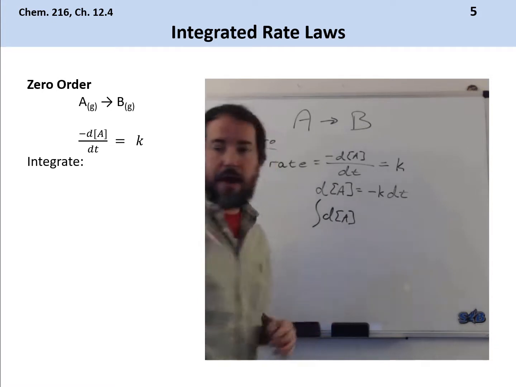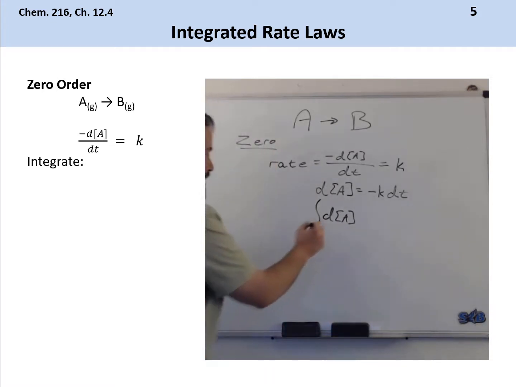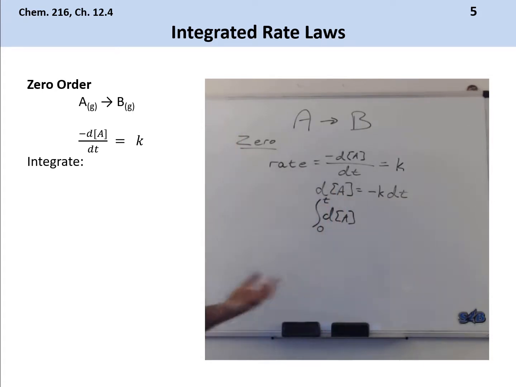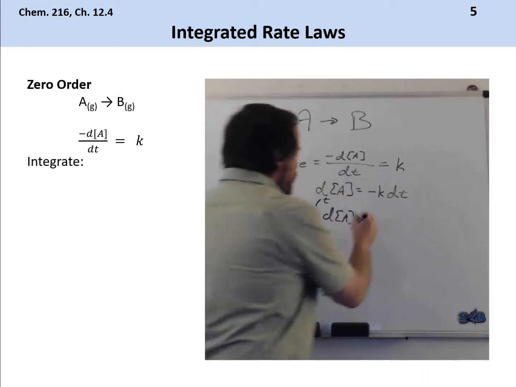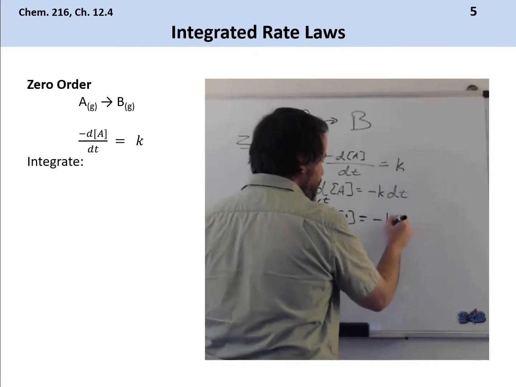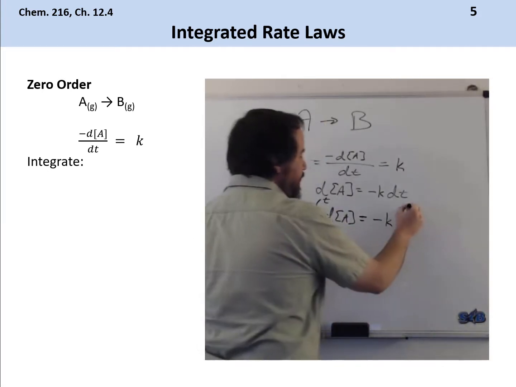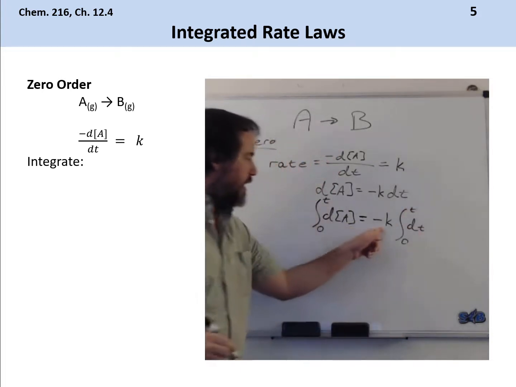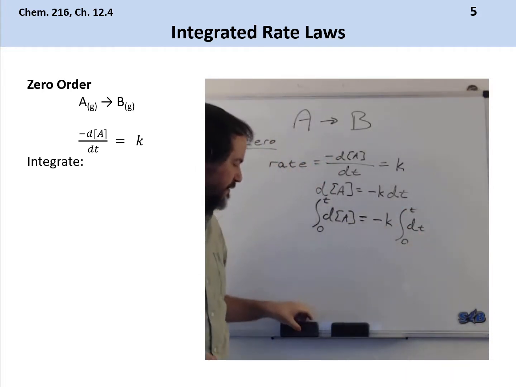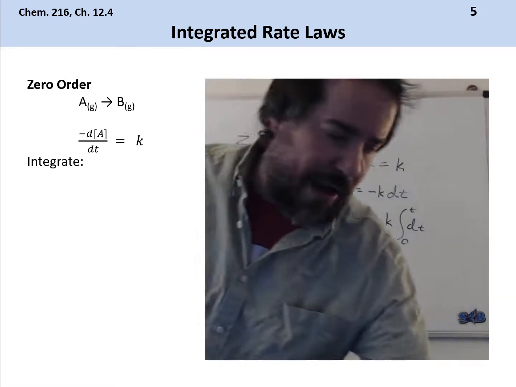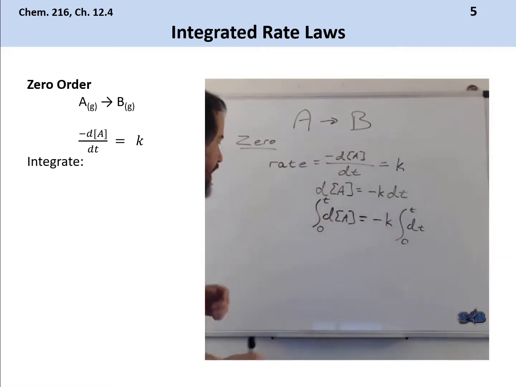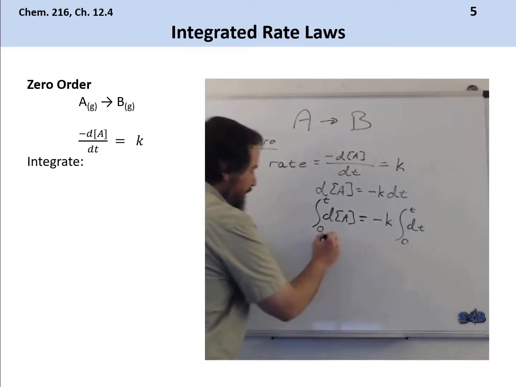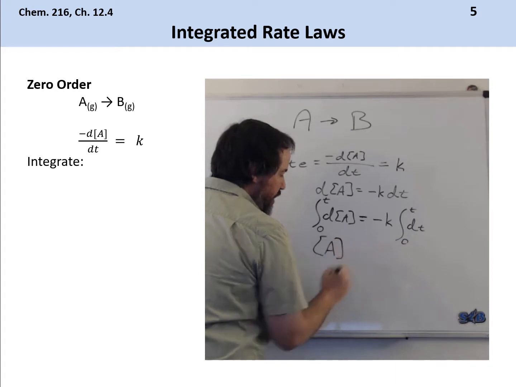I'm going to integrate from the time of 0 seconds all the way to some time, we'll just call that t. I'm going to do the same thing over here. I bring out this negative k because it's a constant, so I don't need to include it in the integration. What this is going to give me is the concentration.